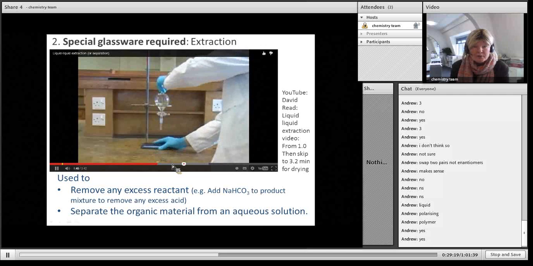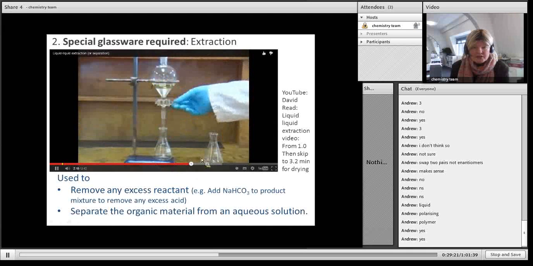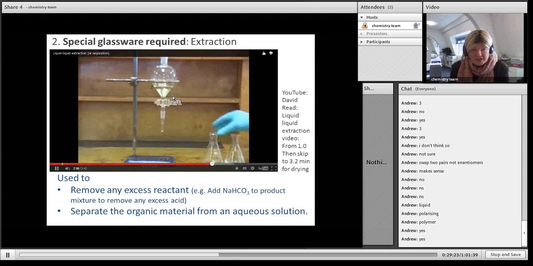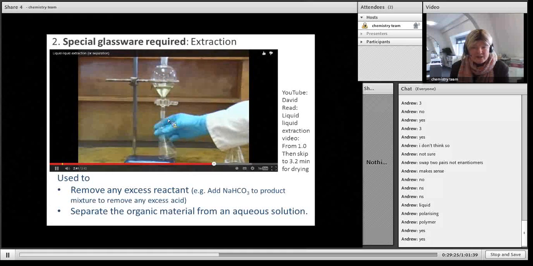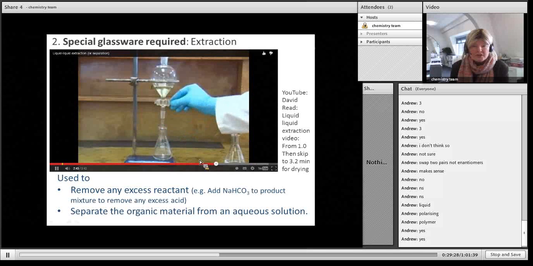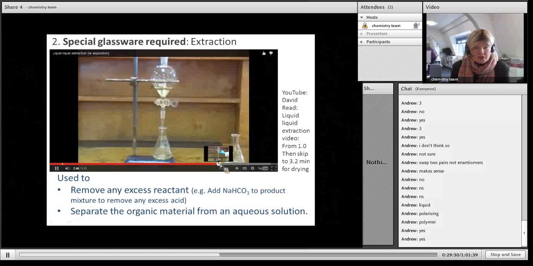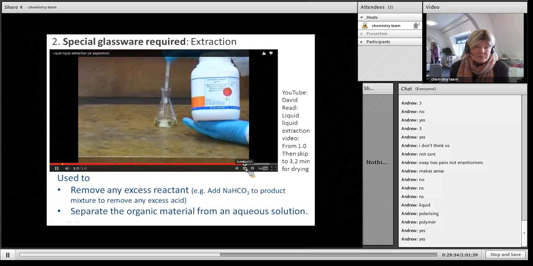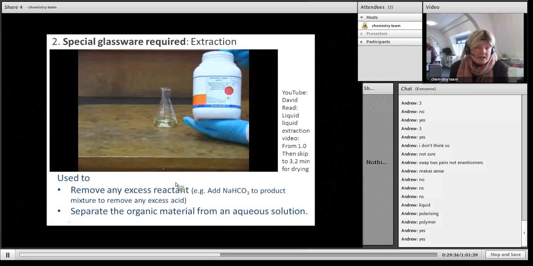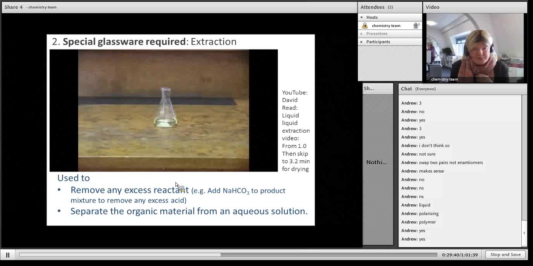And if I just move it a bit further, then he's moved it down, and now he's letting the organic layer move into the flask. So I don't know if you've done that technique as well. And this point here is drying, because there's always a little bit of wet in our substance, even though we've separated out.